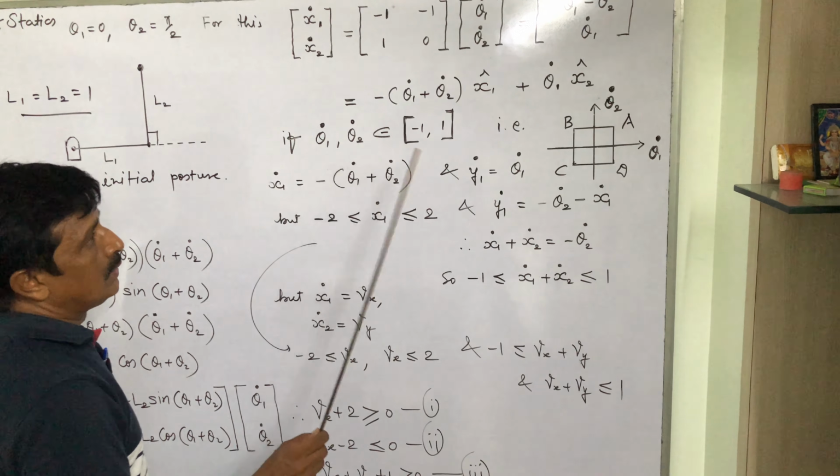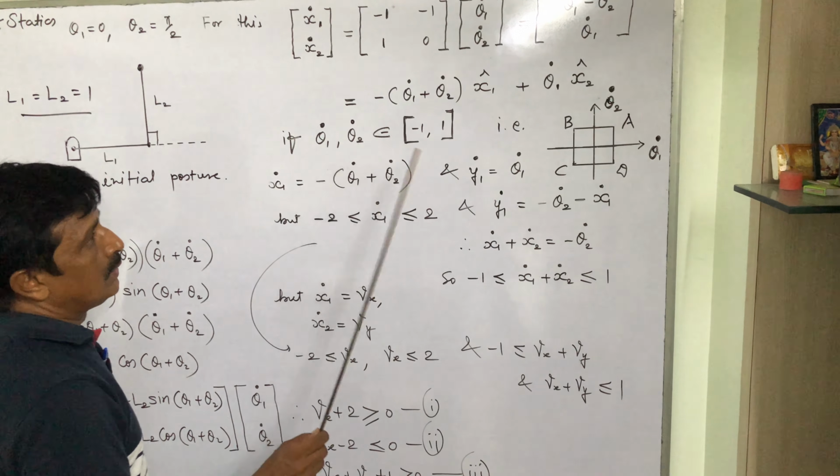We can write this as: vx plus 2 greater than or equal to 0, equation number 1; vx minus 2 less than or equal to 0; vx plus vy plus 1 greater than or equal to 0, equation number 3; and vx plus vy minus 1 less than or equal to 0. We are mapping the end effector velocity for this initial posture, theta 1 equal to 0, theta 2 equal to pi by 2, given that joint velocity theta 1 dot, theta 2 dot belongs to the closed interval minus 1 and 1.